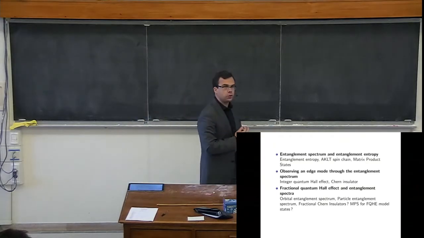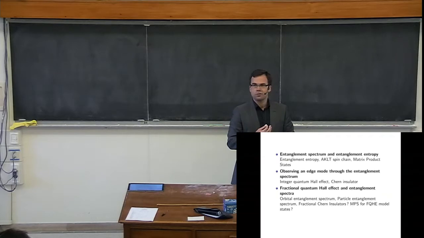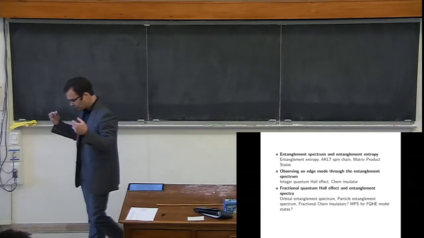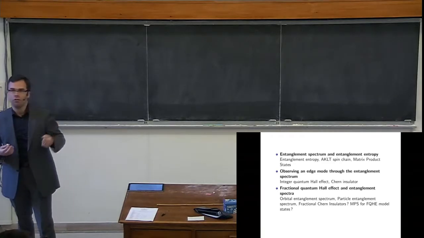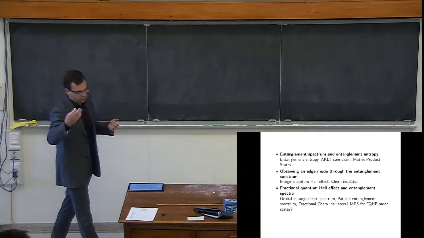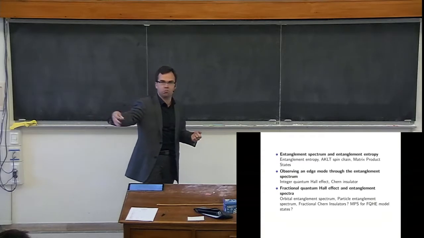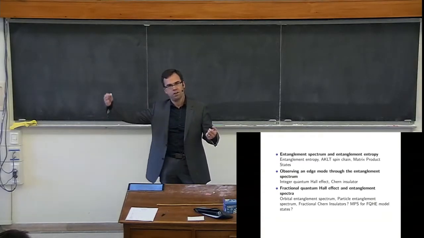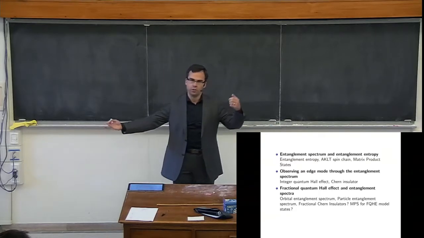One way to do that is to use overlaps. Let's say you have a model wave function like the Laughlin state, and you do some numerical simulation using electrons and Coulomb interaction. You can get the ground state at filling factor 1/3 and compare it to the Laughlin state.